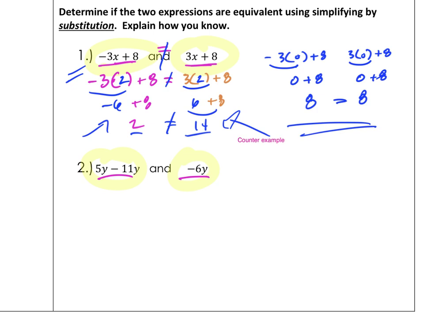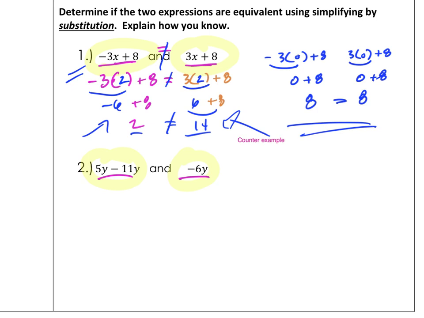So now we're going to look at this one. We're going to ask ourselves, is 5y minus 11y equivalent to negative 6y? As I pick a value, any value should make this work. I'm going to pick a value, and then what I want you to do over on the right-hand side is pick another value. Now remember what I said: 0 and 1 produce false positives. But what you want to see is if you can find any time when they aren't equivalent.